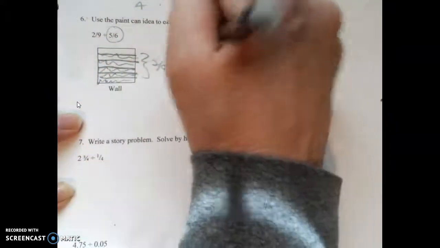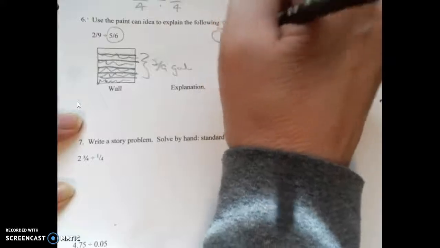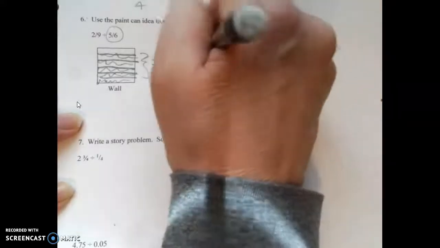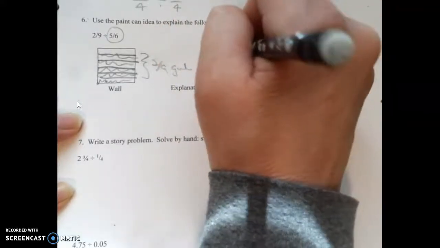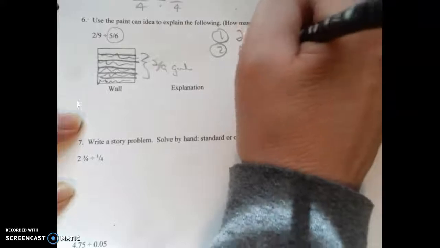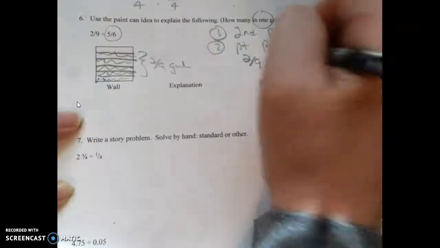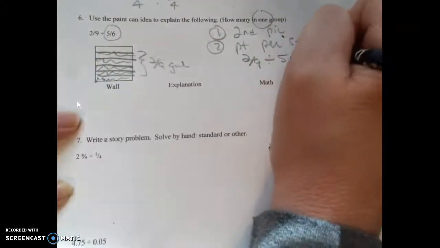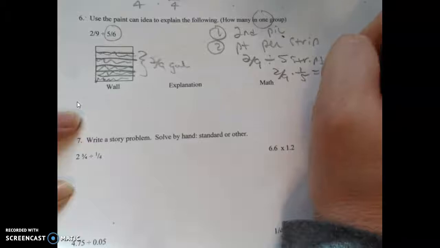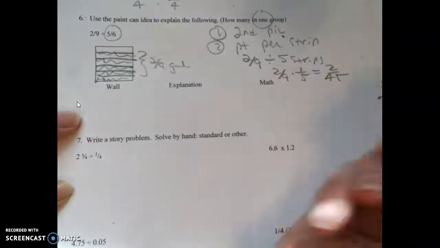Okay, so number 1, I did the second pick. Step number 2 is I need to figure out the paint per strip. So that would be 2/9 divided by 5 strips. So 2/9 times 1/5 is what? 2/45.